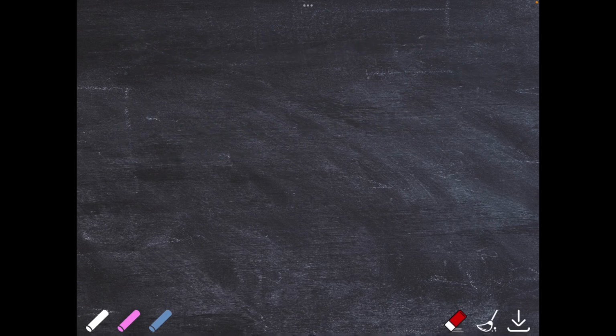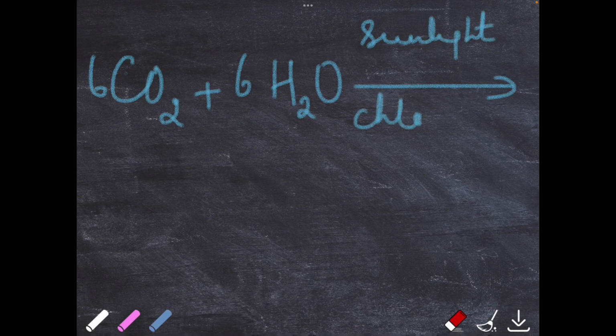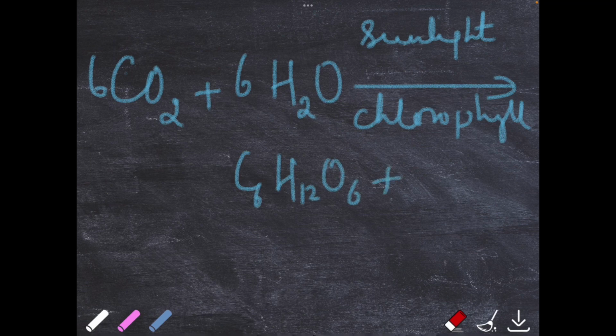You have carbon dioxide and you have water in the presence of sunlight and chlorophyll. Now, chlorophyll is a photoreceptor. Glucose plus oxygen is formed. So this is again a reaction which depicts photodecomposition.